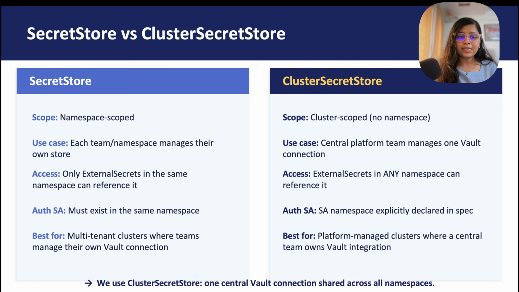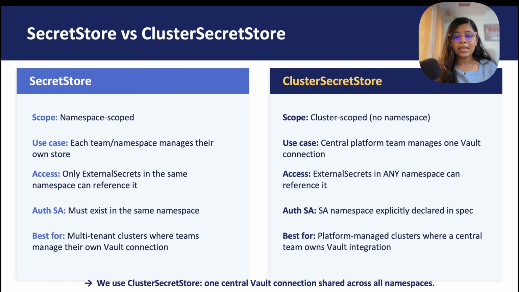The use case is that when each team or namespace manages their own store, then in that case we make use of a SecretStore. And in case of ClusterSecretStore, when a central platform team is the one who is managing one Vault connection, then in that case you can go for the ClusterSecretStore. Okay, only ExternalSecrets in the same namespace can reference the SecretStore.